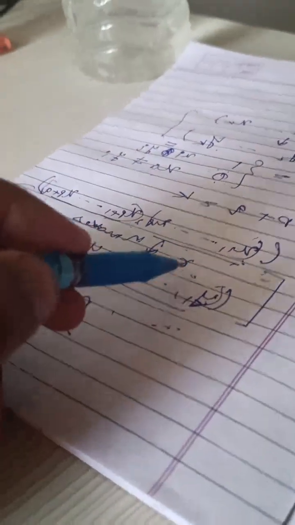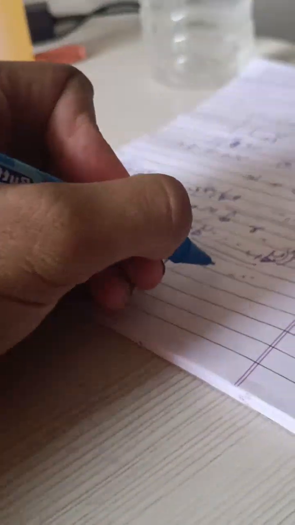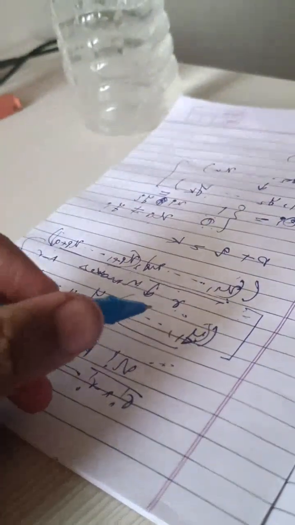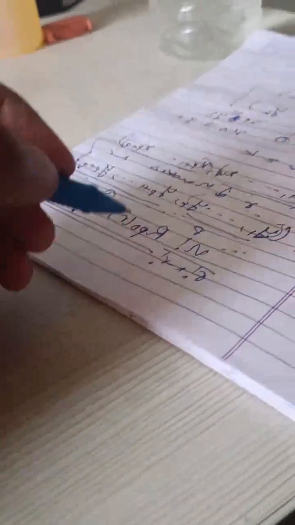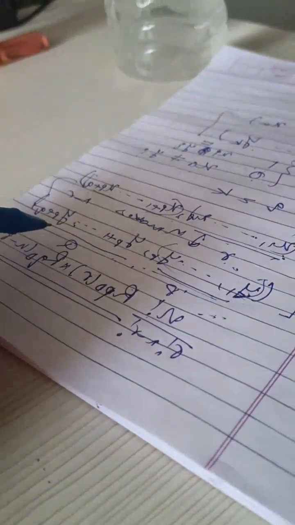Now, the number of ways one can arrange these r moves and n minus r moves is n factorial by r factorial n minus r factorial, because we can categorize this as a p move and a q move. There are r p moves and n minus r q moves. Now there are nCr ways to arrange these r p's and n minus r q's. So we have nCr, Rpd of r, Rqd of n minus r.